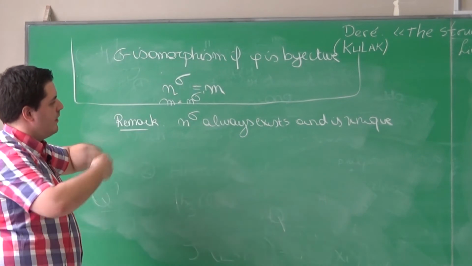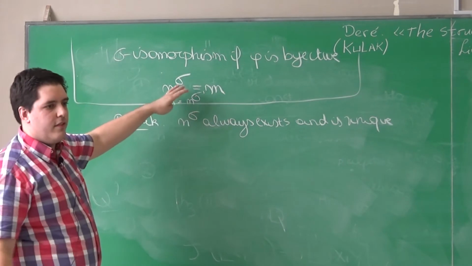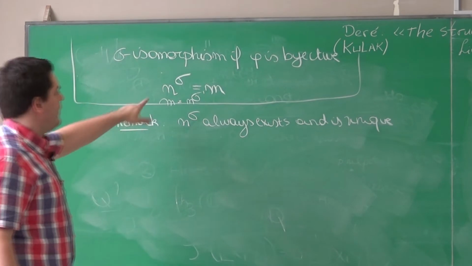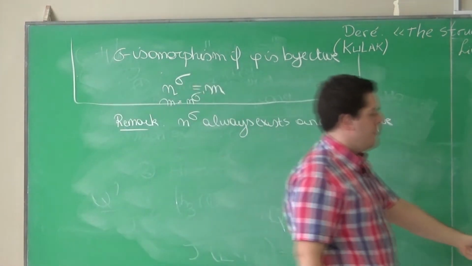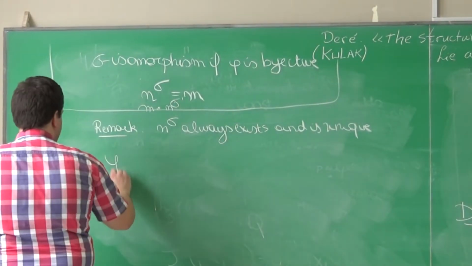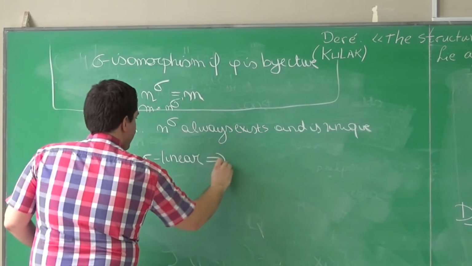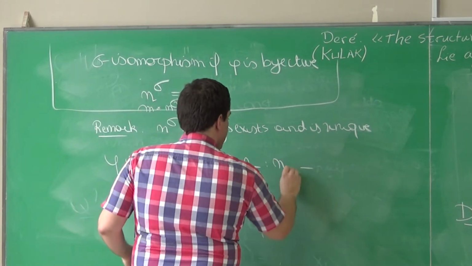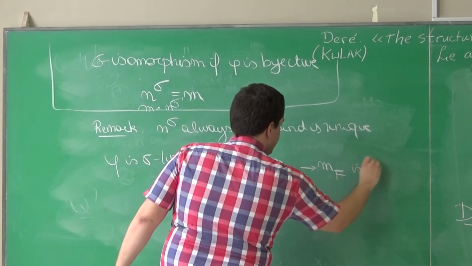So for every sigma you always have a conjugate Lie algebra and it's unique. So this notation is okay. Maybe it was not clear from the definition immediately, but this is a good notation. And so the main thing is that the sigma linear map, if you consider it over F, is still linear. So if phi is sigma linear, then if you restrict it to the field F, it is linear.